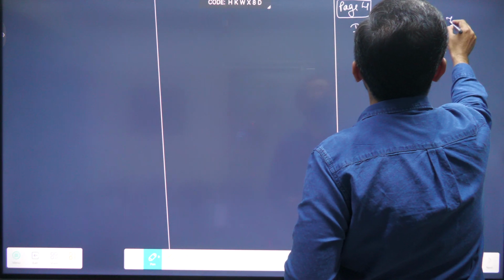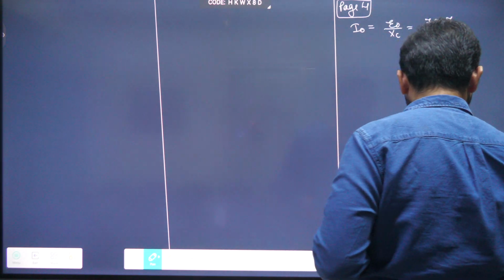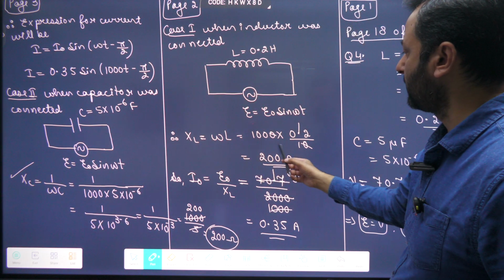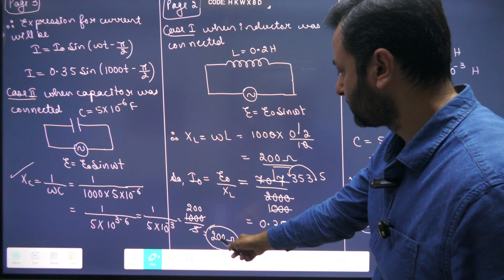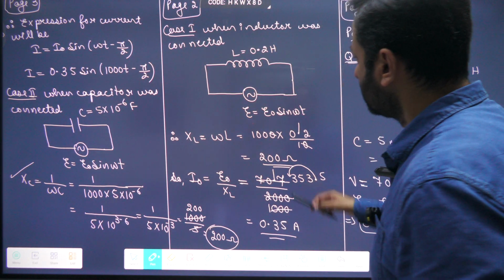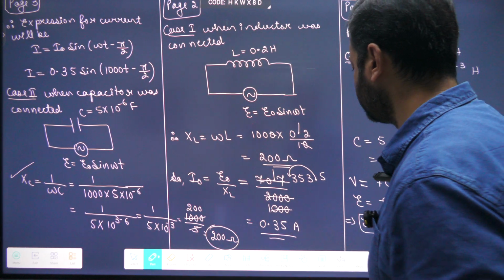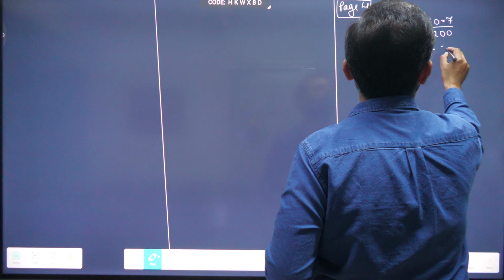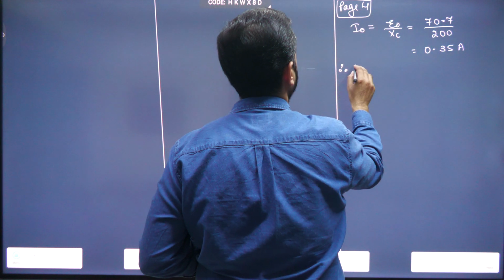This is the same as we observed in the case of inductance, where XL came out to be 200 ohms. In the case of capacitance, XC also came out to be 200 ohms. So 70.7 upon 200 will deliver the same result, 0.35 ampere.